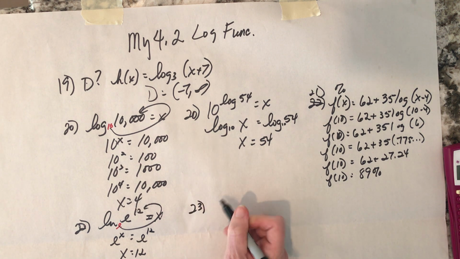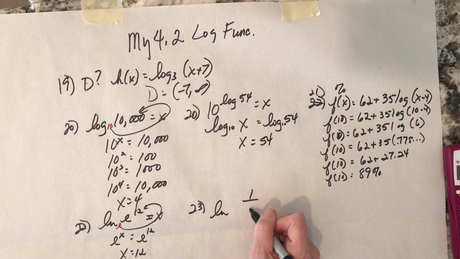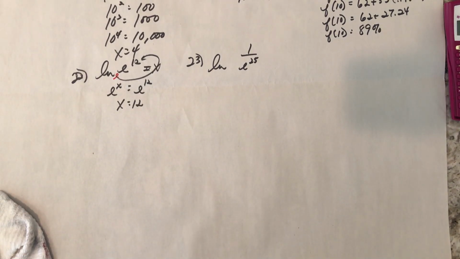Number 23, we have to simplify the natural log of 1 over e to the 25th. Same game.